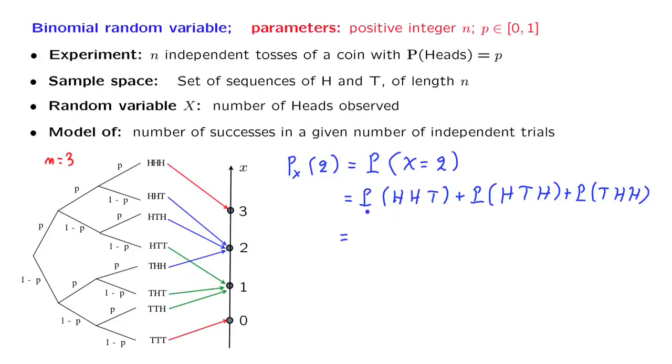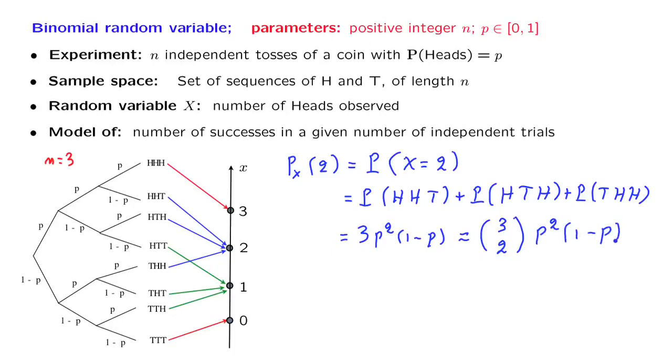The probability of this outcome is p times p times 1 minus p, so it's p squared times 1 minus p, and the other 2 outcomes also have the same probability, so the overall probability is 3 times this, which can also be written this way. 3 is the same as 3 choose 2. It's the number of ways that you can choose 2 heads where they will be placed in a sequence of 3 slots or 3 trials.